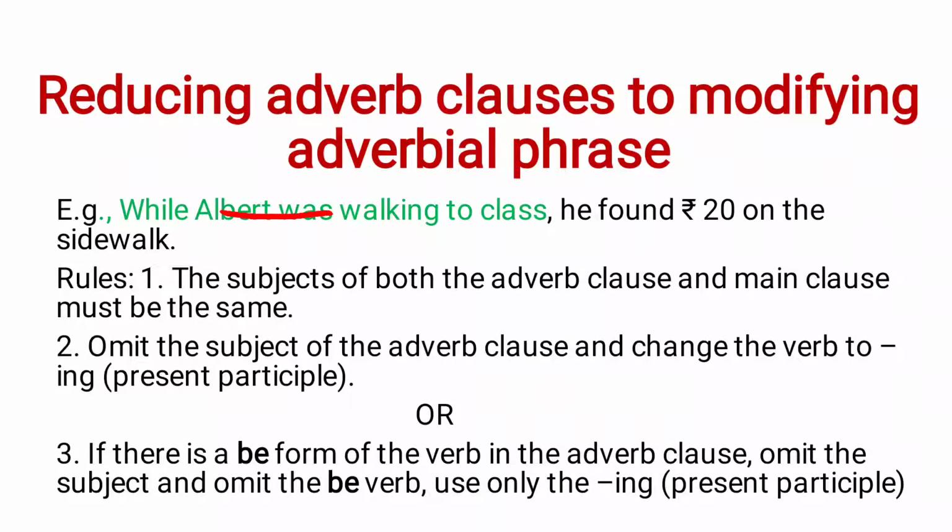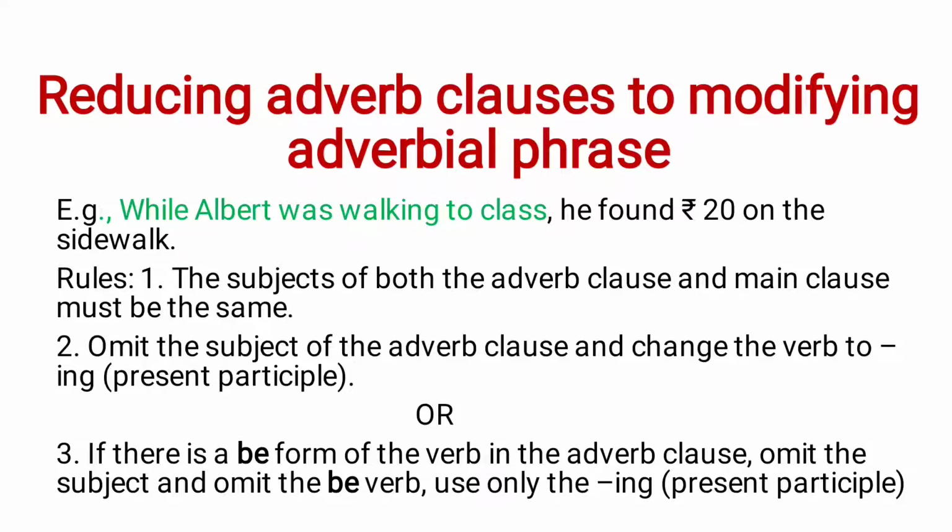Here, while walking to class is an adverbial phrase which describes the subject of the main clause. Now, this is not difficult. You can also do this effortlessly just by following some rules. Rule number 1 says the subjects of both the adverb clause and the main clause must be the same, as we noticed in the above example.